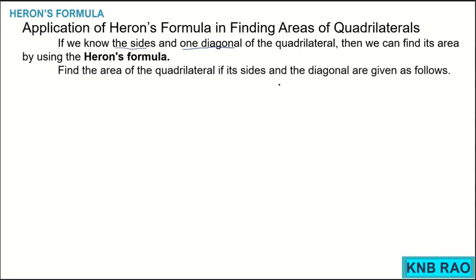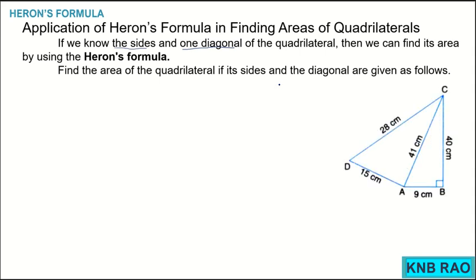Here, find the area of the quadrilateral if its sides and diagonal are given as follows. You could observe here, it is quadrilateral ABCD. Though it looks like two triangles, definitely it is a quadrilateral, and AC is a diagonal which is actually dividing quadrilateral ABCD into two scalene triangles or two separate triangles.